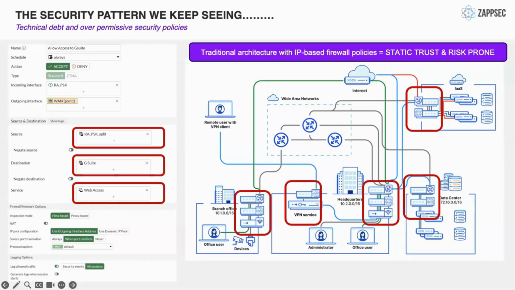Same IP-based logic, same implicit trust once you're authenticated, the same port-based allow and deny. And I get it. Migration is hard. Nobody wants to rewrite the policies from scratch during a platform cutover, especially. But the result is you're running a perimeter model in cloud infrastructure and calling it zero trust.